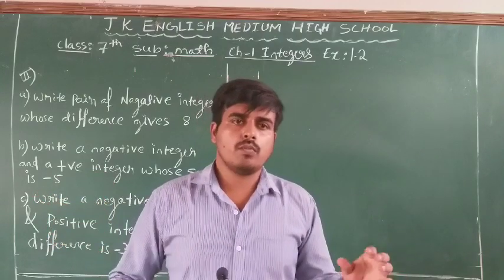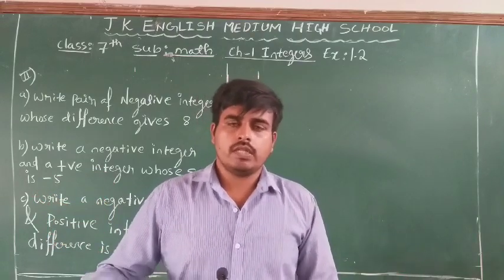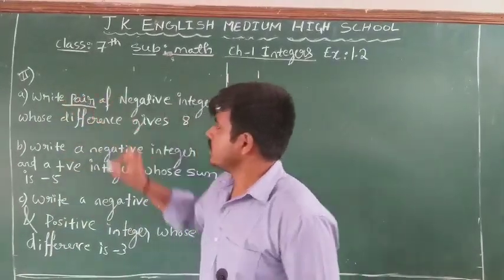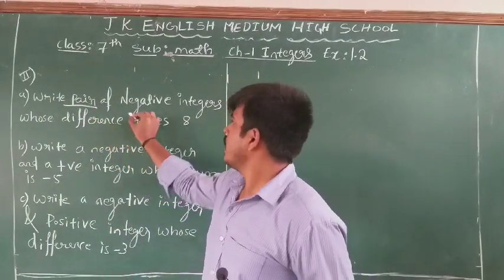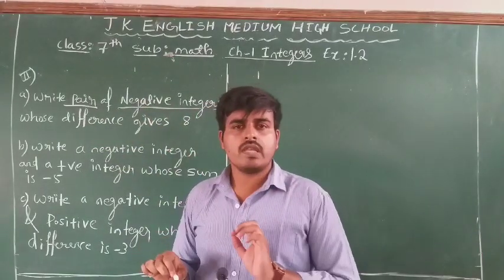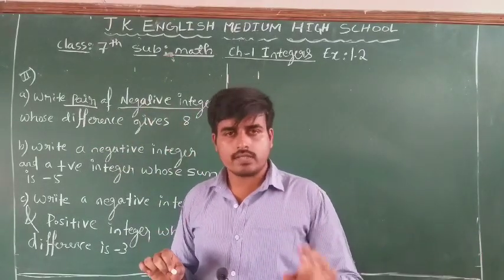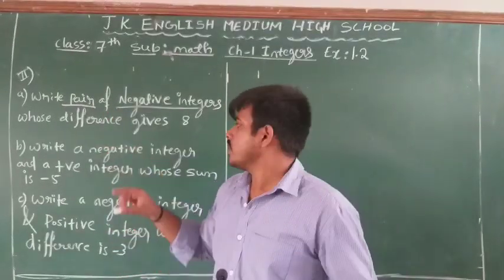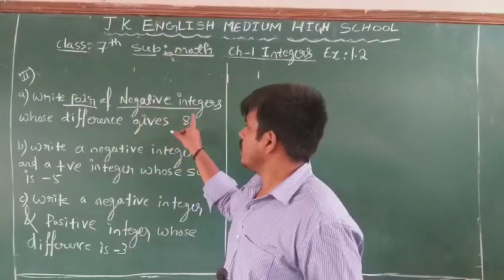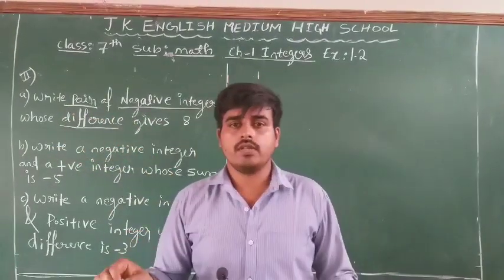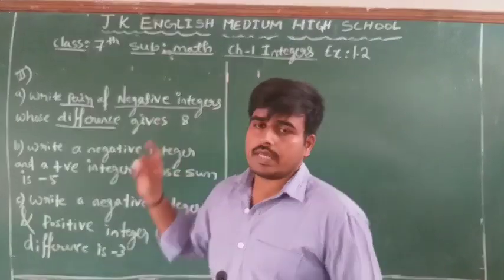But here the conditions are increased. Pair means you have to write two integers. Pair of negative integers means you should not choose any positive integer, or 0 also. Write a pair of negative integers whose difference, meaning subtraction only, gives 8.